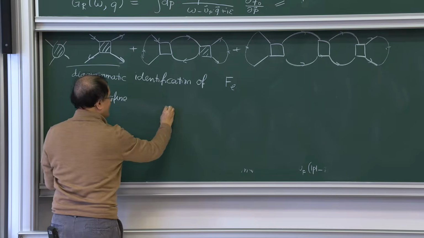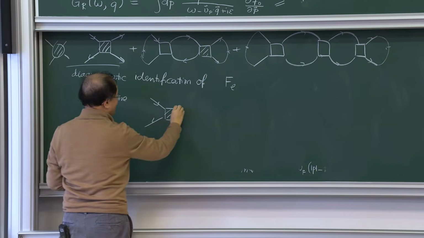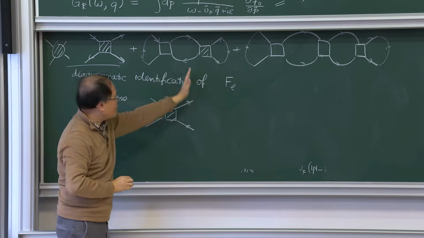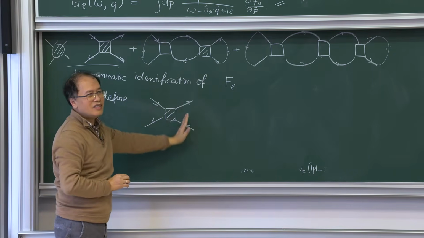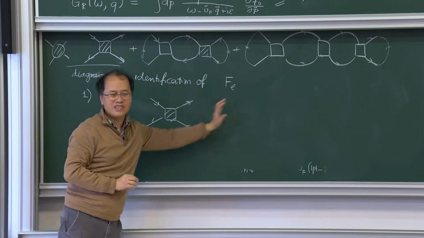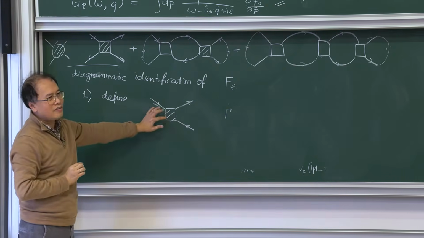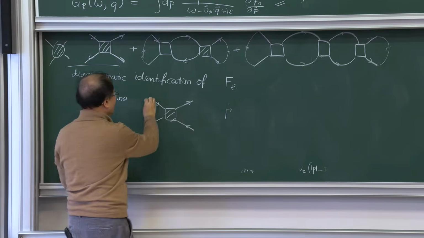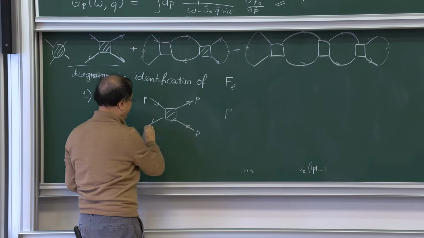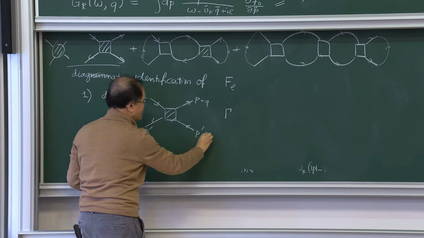First, we define a set of 2-particle irreducible diagrams, in the sense that the particle-hole pair cannot be cut in the S channel, so that there is 2PI in the S channel only, one of these channels. We define this function called gamma. This vertex is a function of p, p prime, p plus q, p prime minus q.